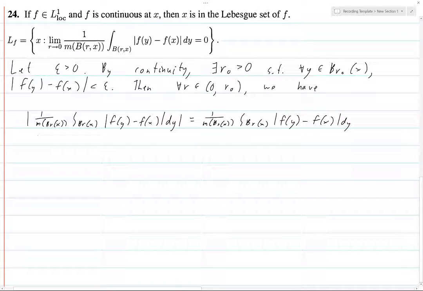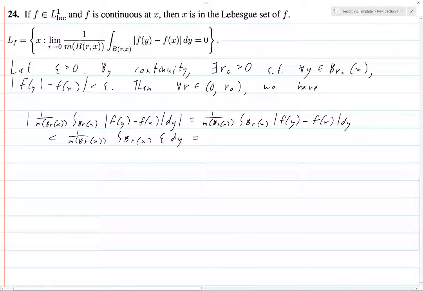And so I'm going to write less than over here, 1 over m(B_r(x)). Then we just use our estimate above here, and we get epsilon dy.